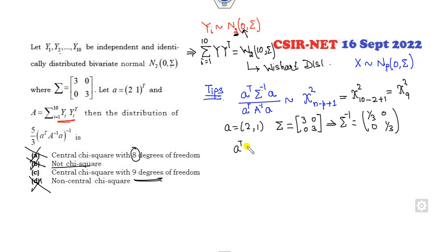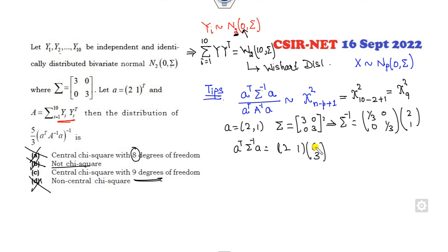So what is A transpose sigma inverse A? So (2, 1). If I multiply this by 2 and 1, it's 6 over 3. Sorry, I have to multiply this by (2, 1).